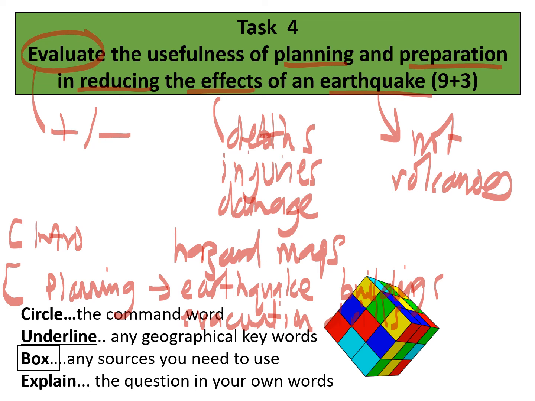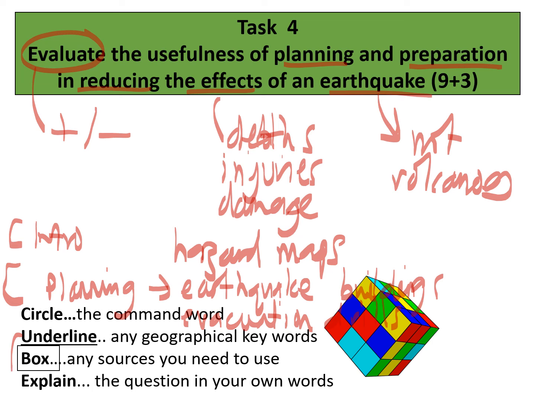You can think about it when we did rivers and coasts, and when you're thinking about where you put important buildings in relation to the river, you build them further away, and you build the less important buildings such as farmland, car parks, open spaces closer to the river, because the effects of that would be less than they would be if it was to flood a hospital or a school.